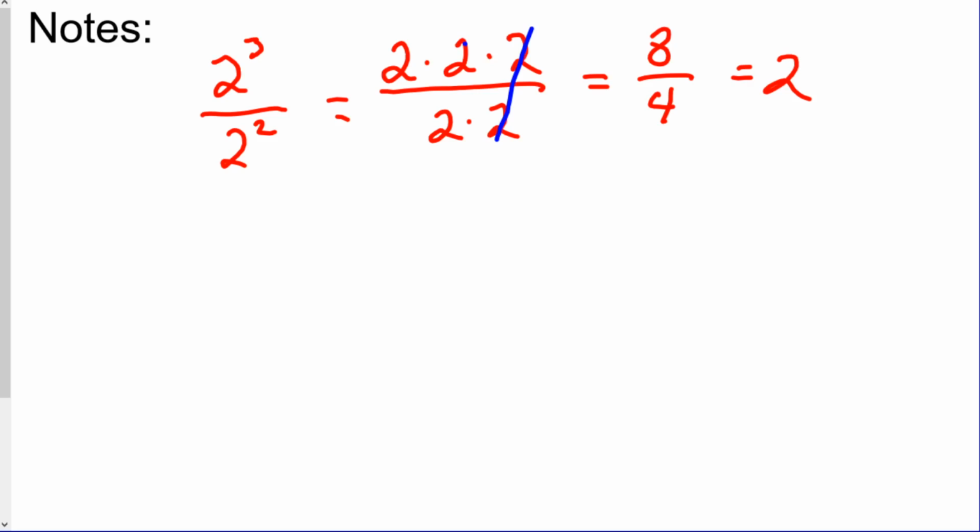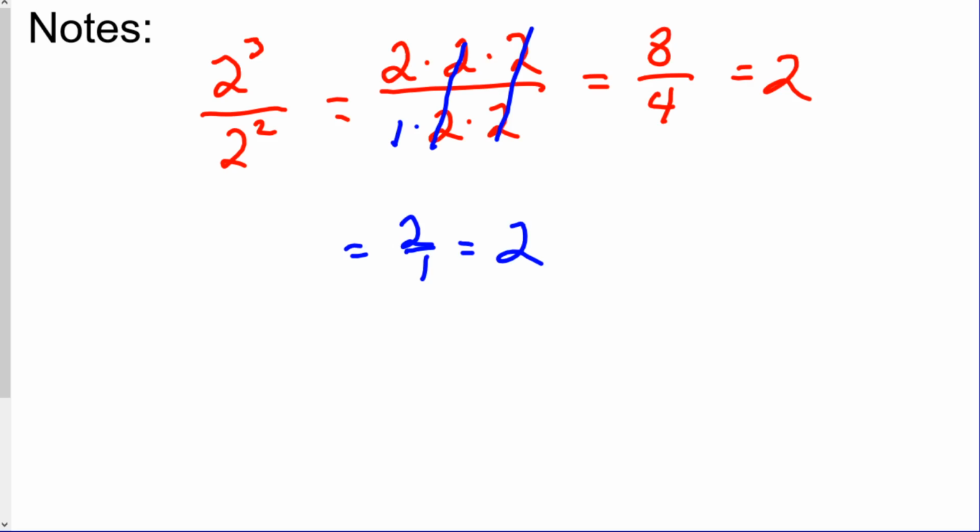Same with this pair right here. So if we cancel those out, we're left with just 2 on the top. And technically this is 1 times whatever's down here. So 2 over 1, which is equal to 2. We get the same answer by canceling those out.